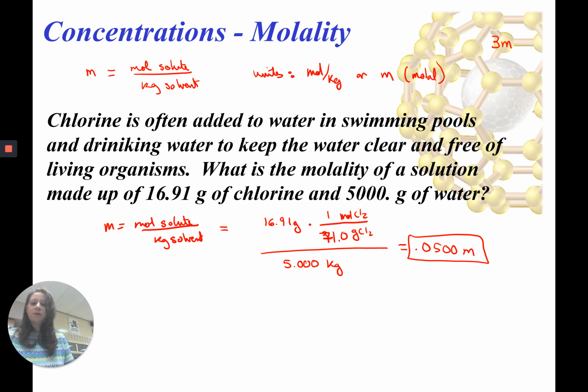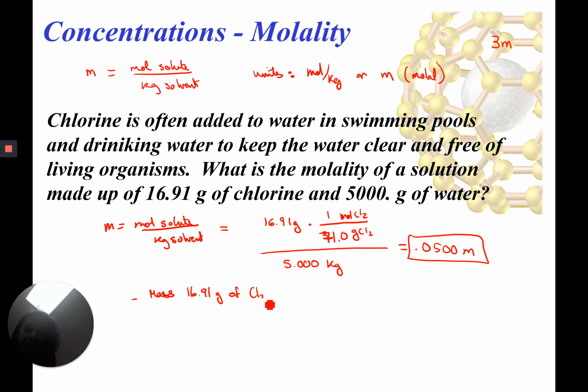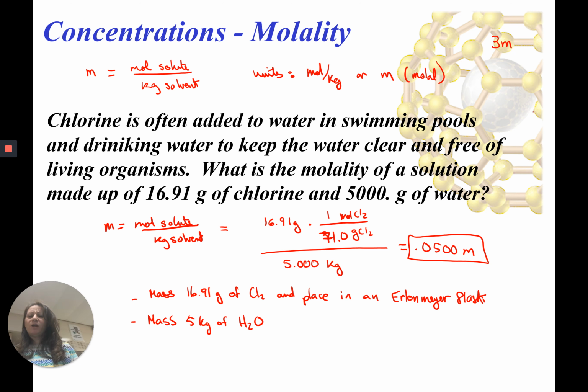So let's write that down. Mass 16.91 grams of Cl2 and place in an Erlenmeyer flask. Mass either 5 kilograms of water, or sometimes we don't have balances that go all the way to 5 kilograms.